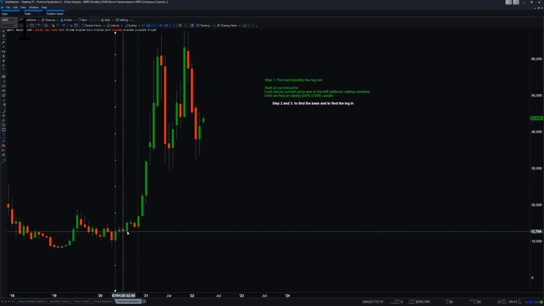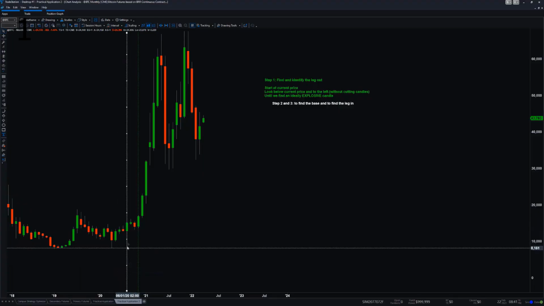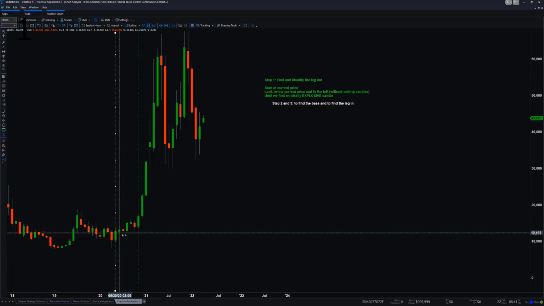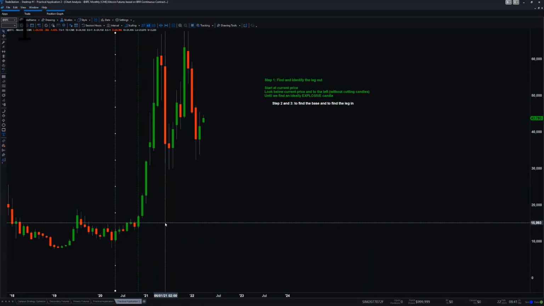However, depending on what you argue, both taking this as a leg in and taking this as a leg in are fine, as in the context, this candle, as it's not that large, could be part of the base. So let's use that, for example. Now we could have a wider and a preferred version.